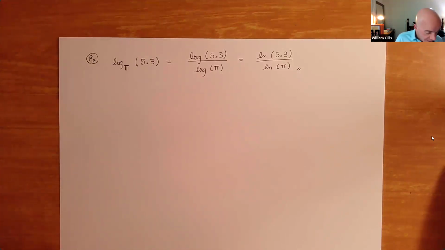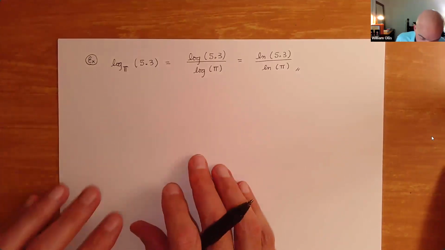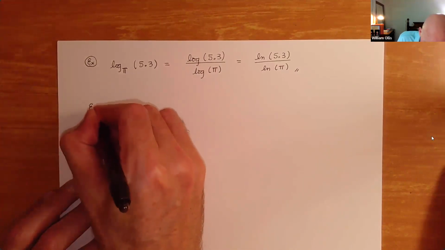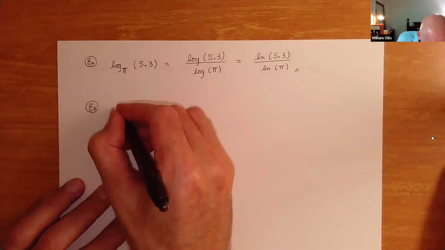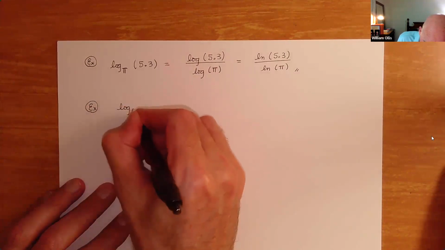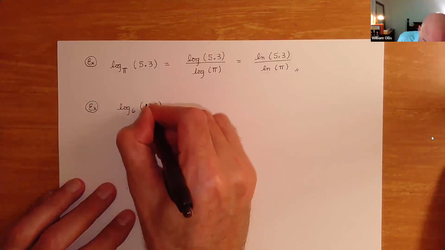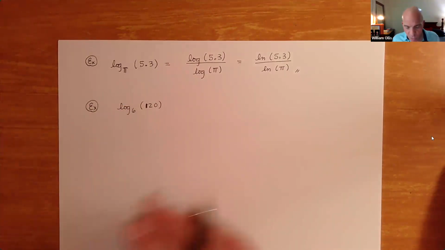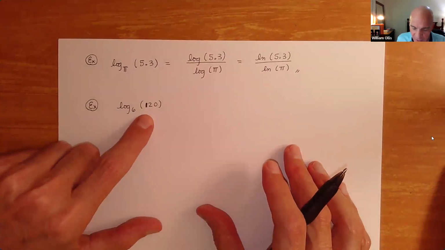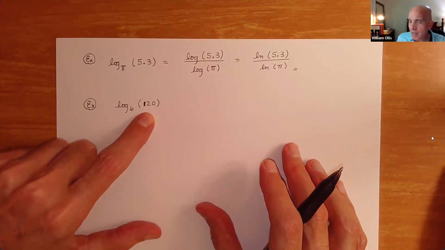Here's one more example. Say you have the base 6 logarithm of 120. When you look at this, you're thinking, 6, that's kind of odd.